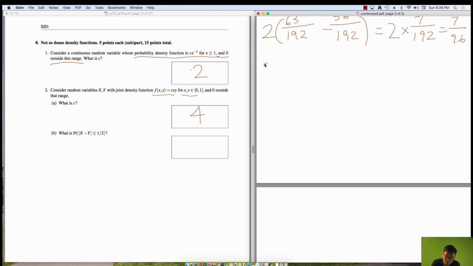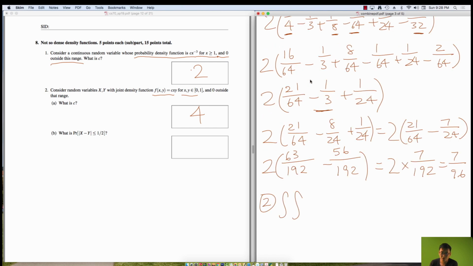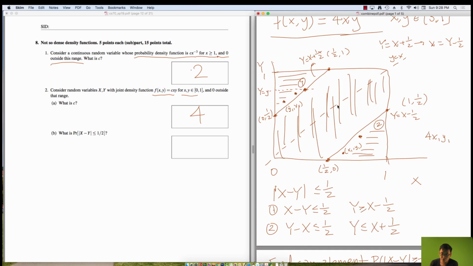So for triangle number 2, we can evaluate it just for completeness. So if we look at, again, y here goes from 0 to this point, which is 1 comma half. So it goes from 0 to half. And again, if I draw the dotted line here, if I fix a value of y, I see that x starts at this intersection with y, and it ends at 1. Where's the intersection?